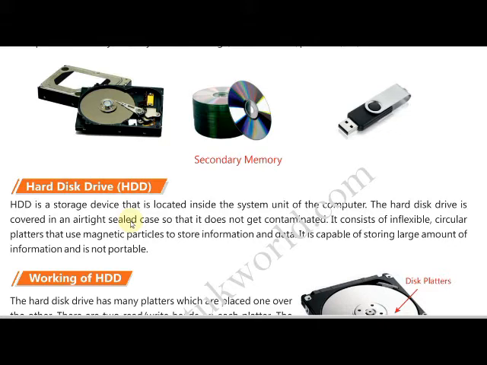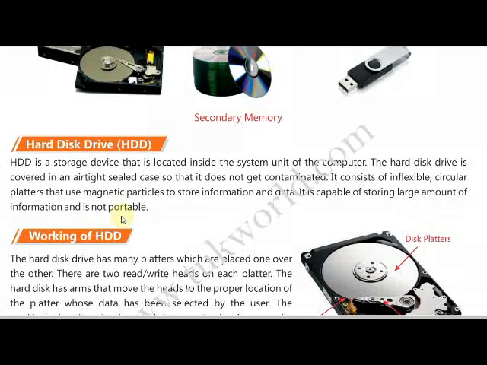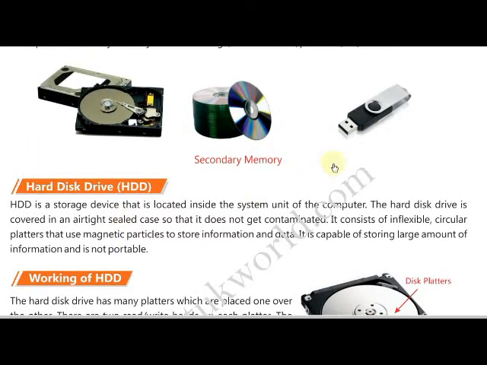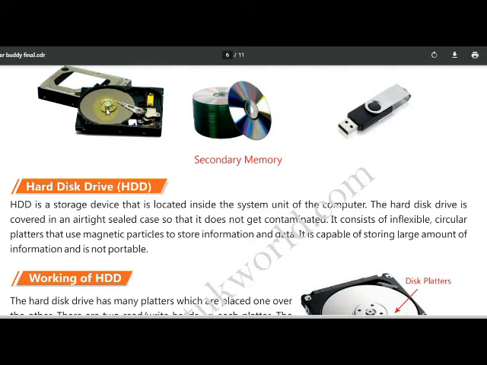Actually a hard disk drive is made up of shiny platters, arms and read-write heads. These are the internal contents of a hard disk drive, and it is capable of storing more data than any other secondary storage. That means it is able to store more data than a CD or a USB pen drive. Okay, and it is located in the system unit, that means in the CPU cabin.